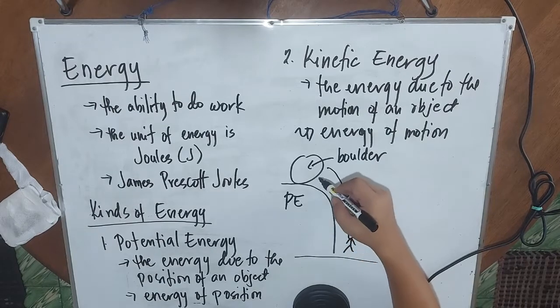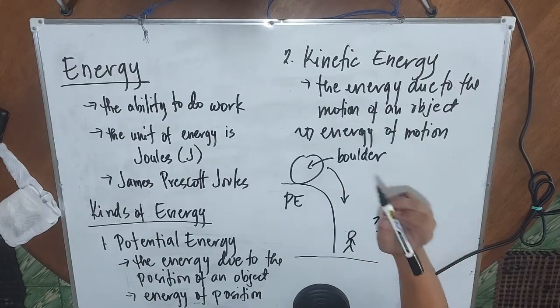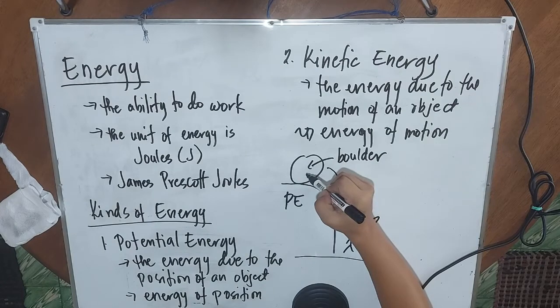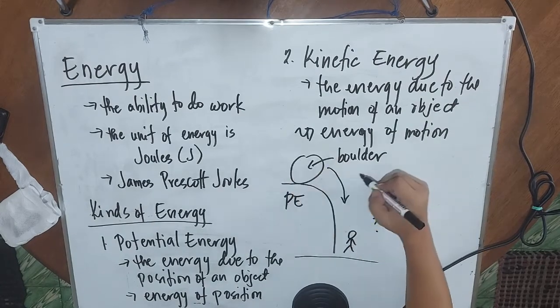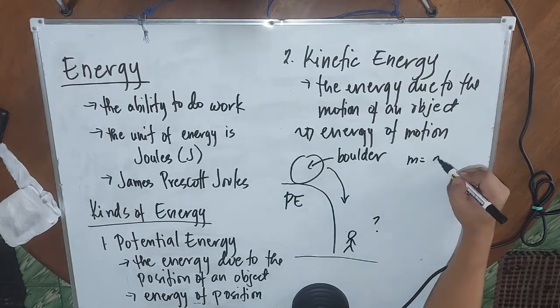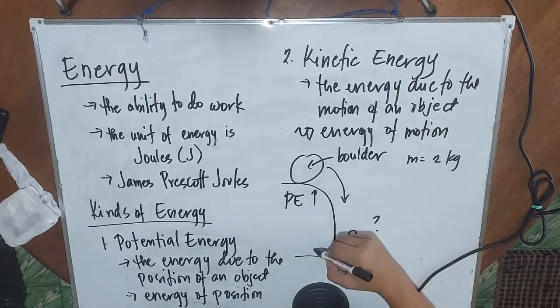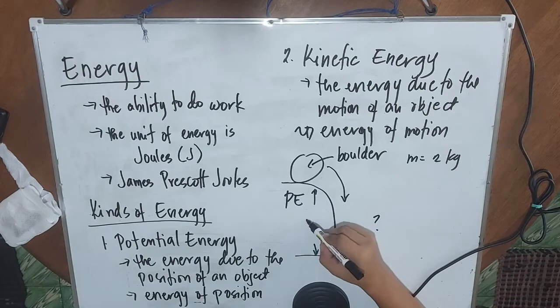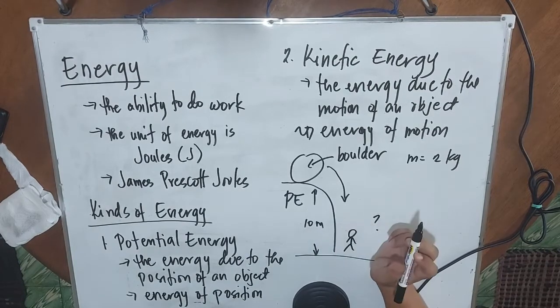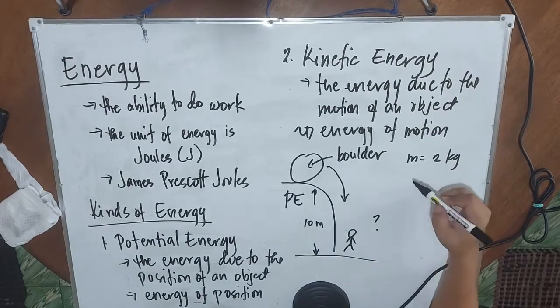So for example, itong object na ito, meron siyang mass, for example, na 2 kilograms, okay? And it is lying on top of a cliff, let's say 10 meters, okay?